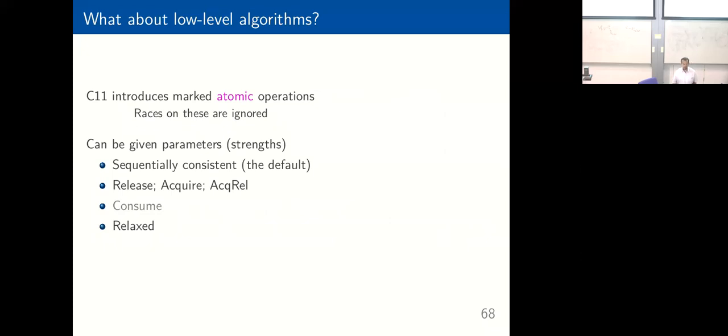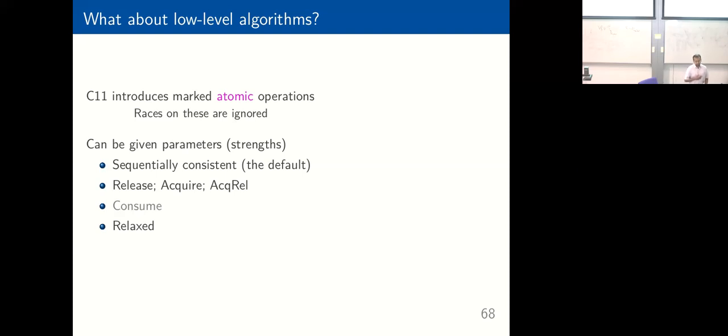So for those algorithms, C11 gives you several different options. First of all, like I said, it specifically marks synchronization accesses or atomic operations. And not only can you mark them, you can mark them with parameters.